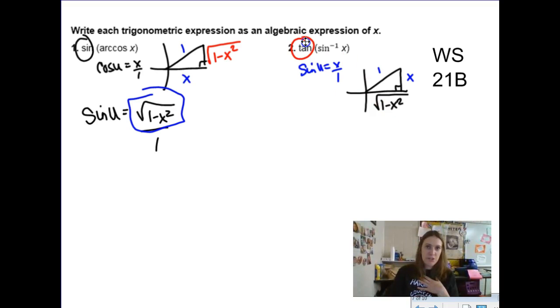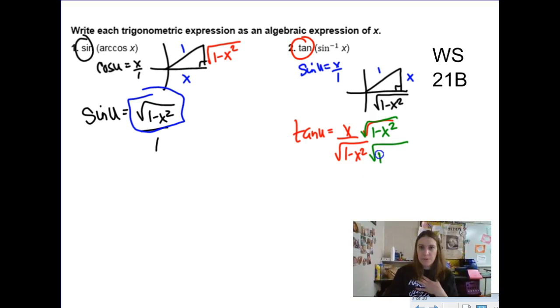And if I'm setting up the tangent ratio, the tangent of angle u is x over square root of 1 minus x squared, which no math teacher would be happy with. They're going to expect you to rationalize. Let's use a different color at least. So multiplying numerator and denominator by square root of 1 minus x squared gives us a ratio of x times the square root of 1 minus x squared over 1 minus x squared.